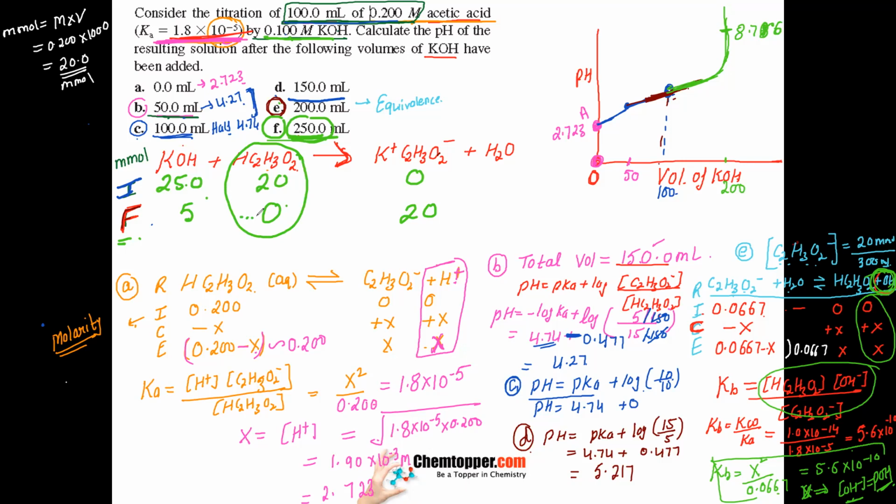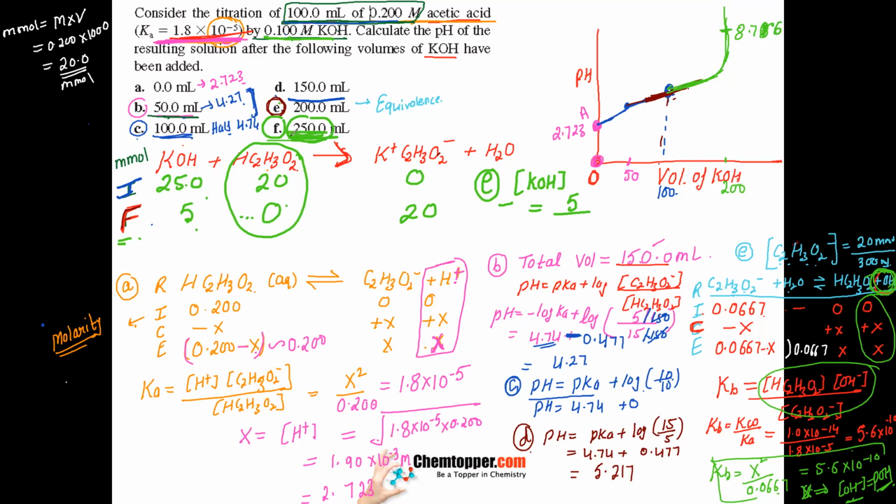Who is going to control the pH? Who is stronger here? Now, whatever is left, who is stronger? Water is also there. KOH. But for that, I need to know the concentration of KOH. So what's the concentration of KOH? It is 5 millimoles divided by total volume.